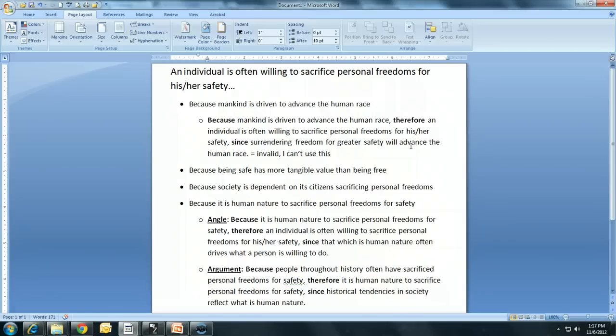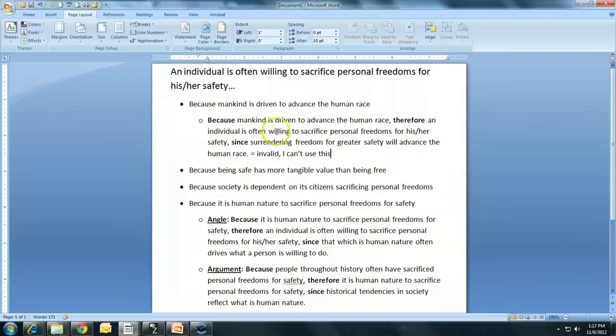Think of North Korea. Those people, of course, unwillingly have done so, but they have sacrificed virtually all of their freedoms for the ultimate safety. And by safety, I mean protection from one another, not necessarily protection from their government, but that's neither here nor there. We wouldn't really say that their society has advanced the human race. If anything, it's taken a step back.